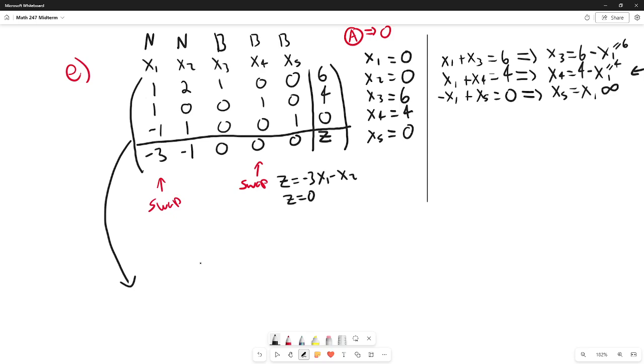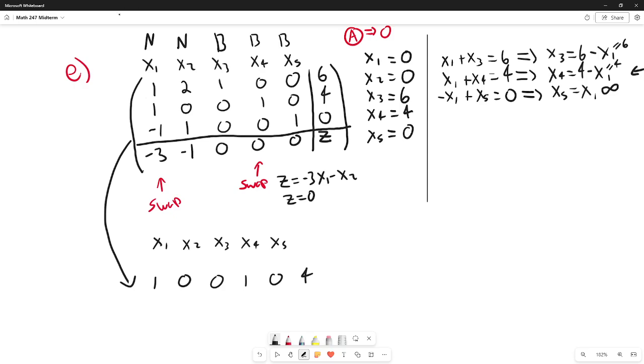And so I'm going to redraw this matrix, x1, x2, x3, x4, x5. We know that this row here is going to be unedited because we already have the 1 where we want it. So we're going to draw 1, 0, 0, 1, 0, 4.